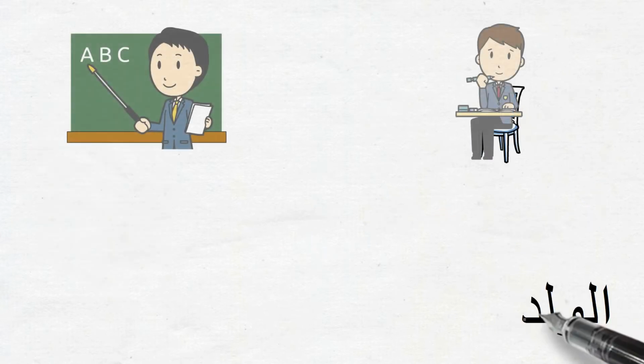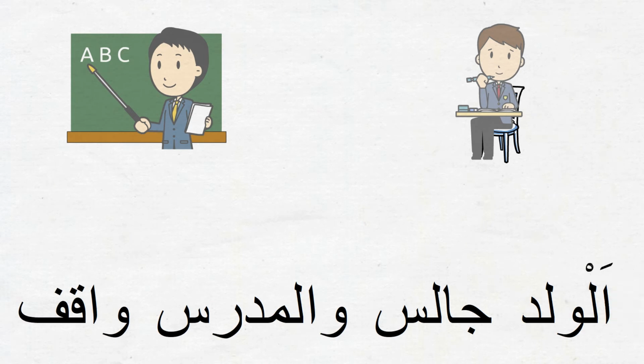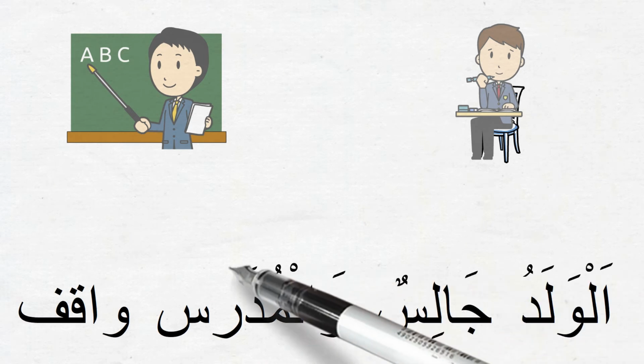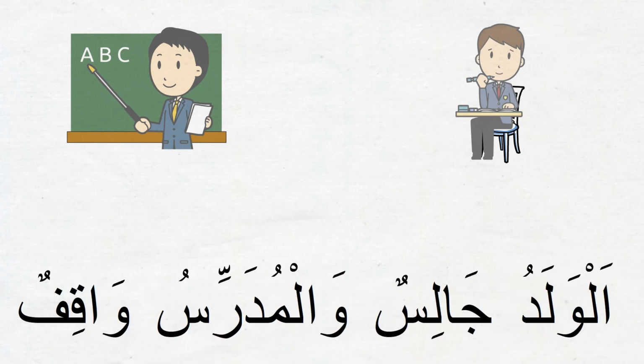Another 2 examples. الولد جالس والمدرس واقف. The boy is sitting and the teacher is standing. Here, jalisun means someone who's sitting, waqifun means someone who's standing. Both of these words are nouns, they are not verbs.